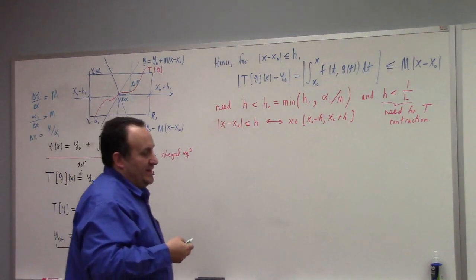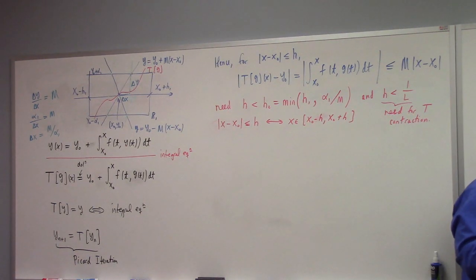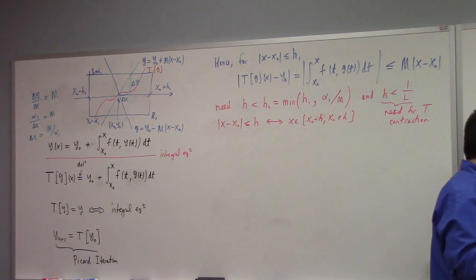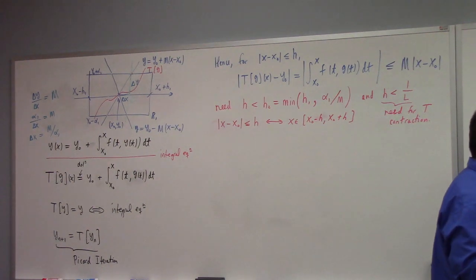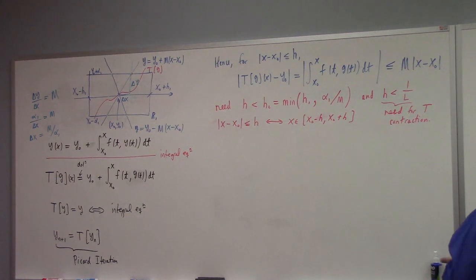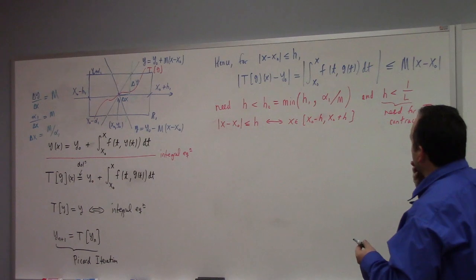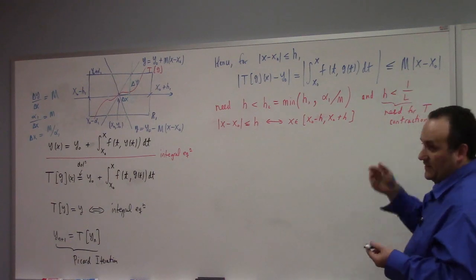Because assuming that M is bounding F, this right here shows that the slope of T of G is not more than M. That's what this means, among other things.